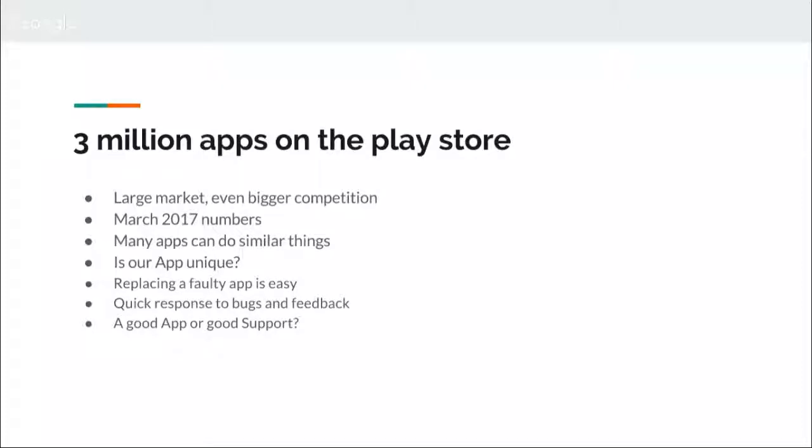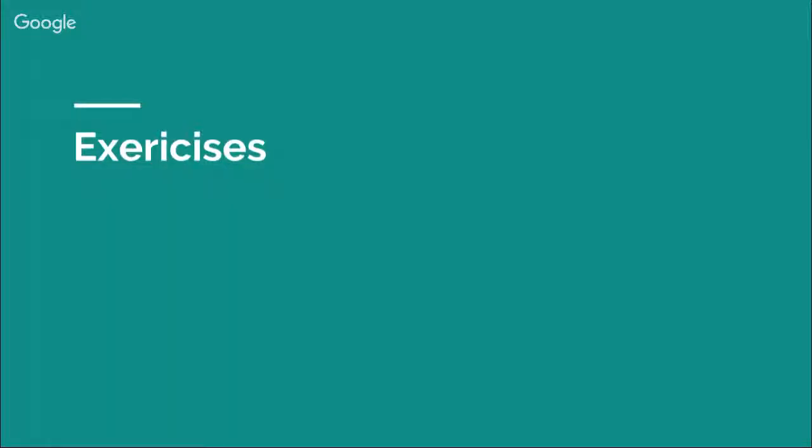Okay, now I want to talk about the exercises. The exercises for the lesson are really simple. I mean, it's the tip calculator app that just has a couple of buttons and a text that changes depending on the text that is displayed.